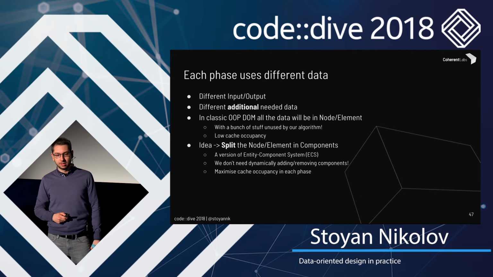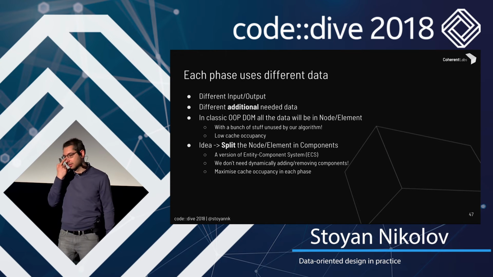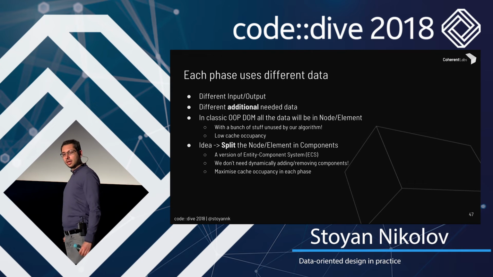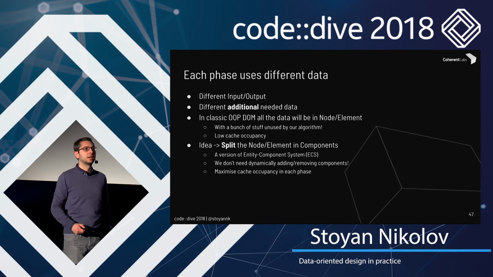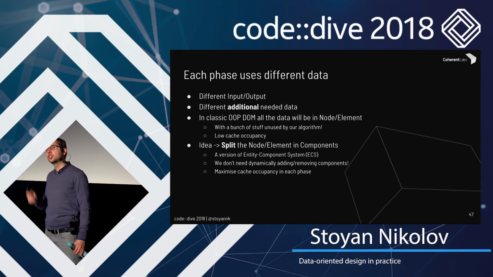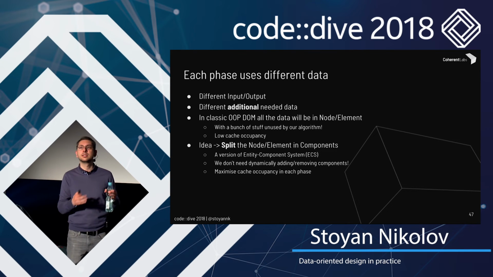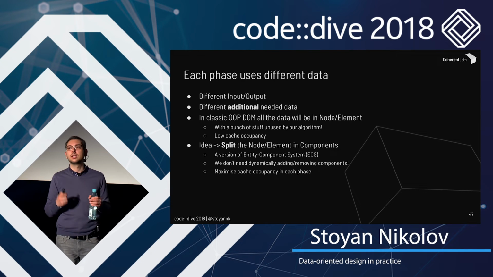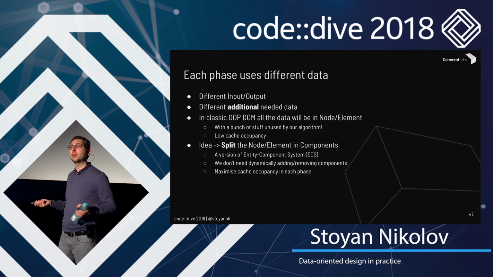So the most important thing that we have to notice now that we have separated the algorithm in this way is that the different phases of our algorithm have different inputs, different outputs, but also different additional data that they need. So if all this additional data is in one object, we might be thrashing our cache.